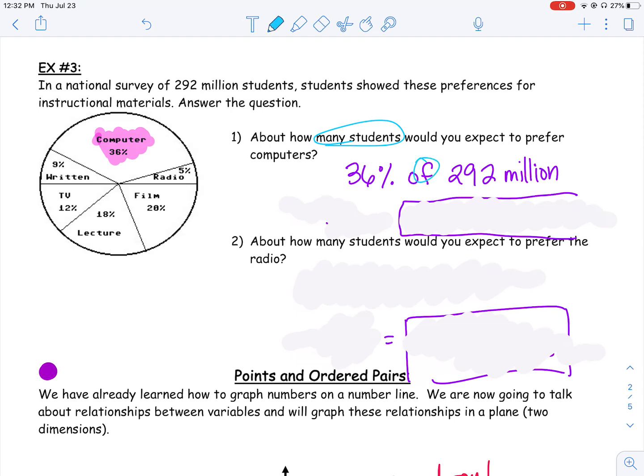We know that in math, of represents multiplication, so I can take 292 million and multiply it by 36%. Or I can take 292 and multiply it by 0.36, which is 36% as a decimal. So 292 times 0.36 gives me 105.12. But not just 105.12 students, 105.12 million students, making sure that I label it correctly because it means something very different, right?